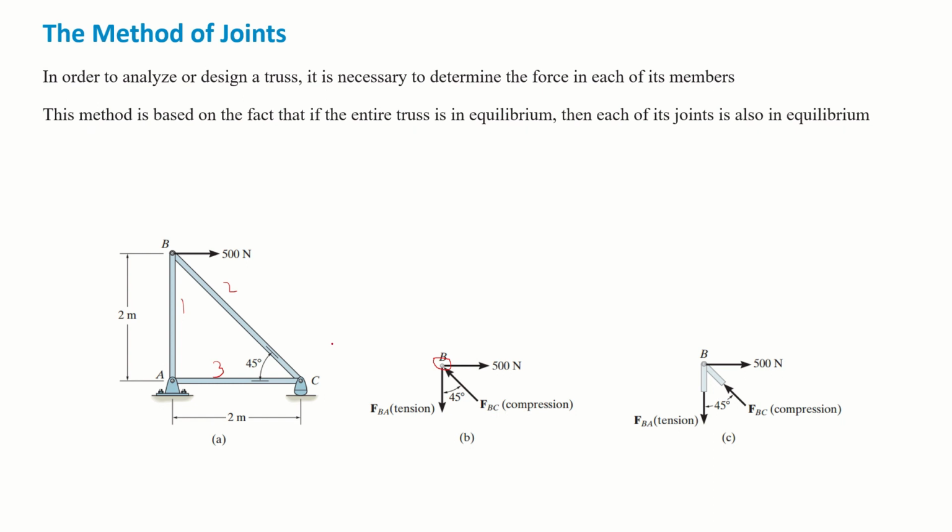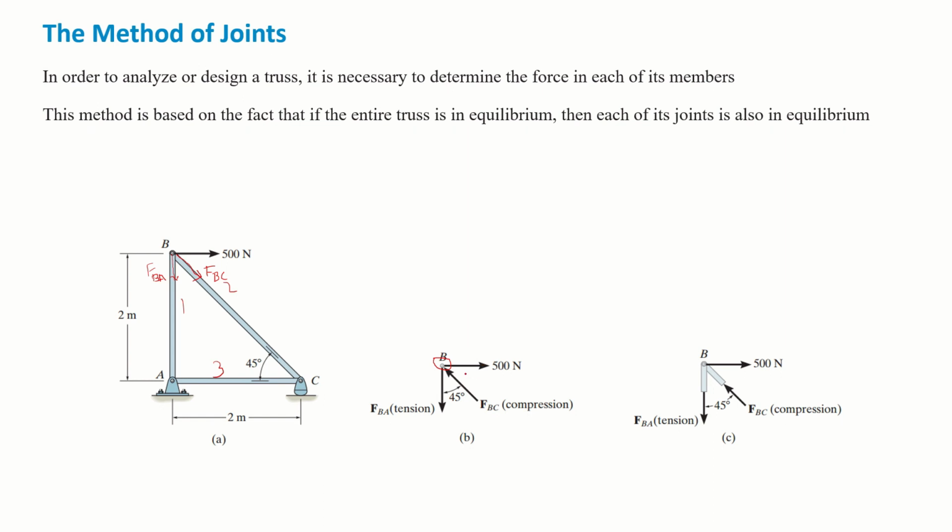The first force is force BA in this direction. Then the second force is due to the second member, which is force BC. It is shown in this figure, and the third force is the applied force, which is 500 Newton.